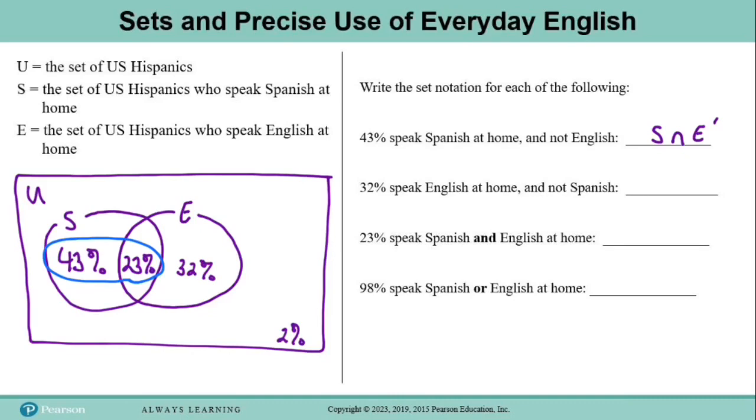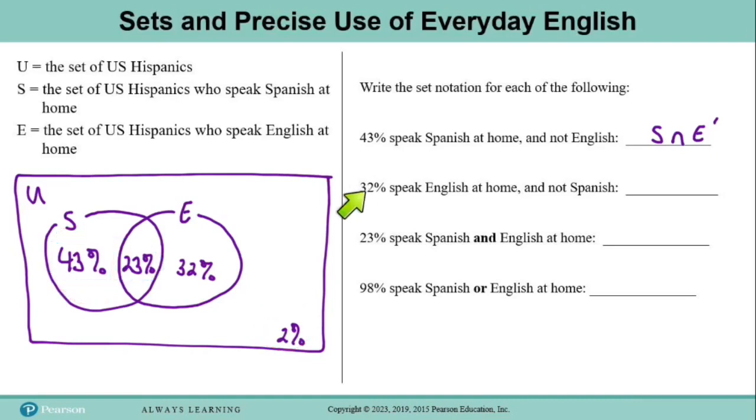And then the set not E includes everything that's outside of set E. So that would be the 43% that we have here and the 2% that we have here. And we know that the intersection of the two sets is whatever they have in common. So you can see that that is the 43%. That's the only percent that the set S and the complement of E have in common.